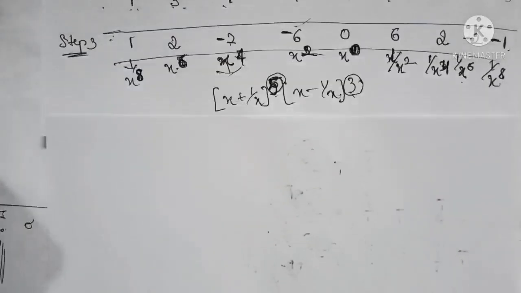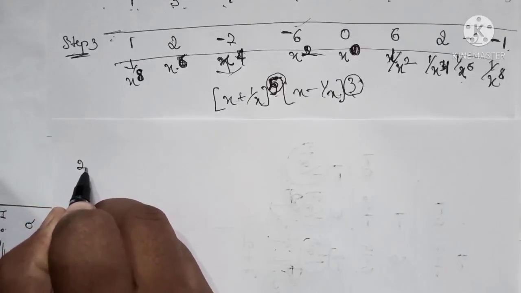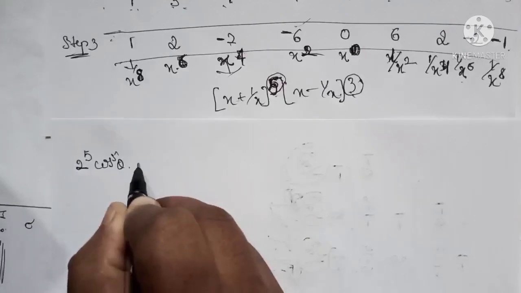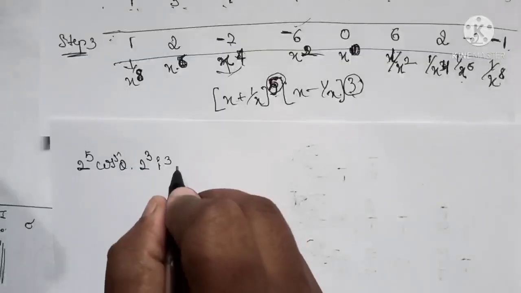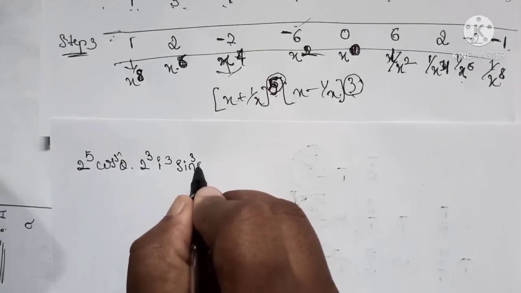So the LHS side we have 2 power 5 cos power 5 theta and 2 power 3 i cube and sin power 3 theta.